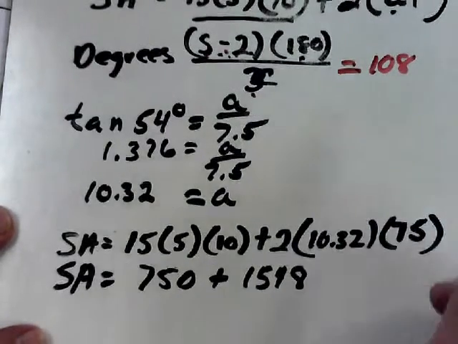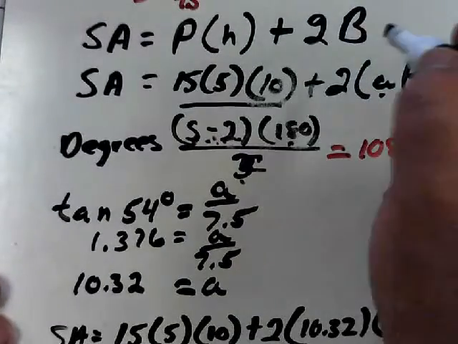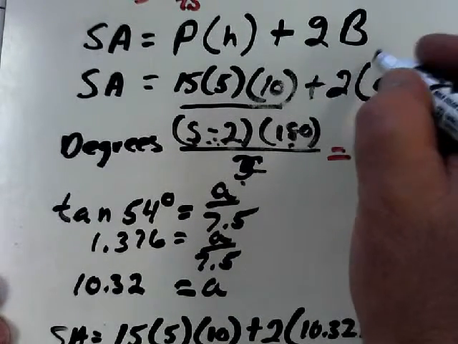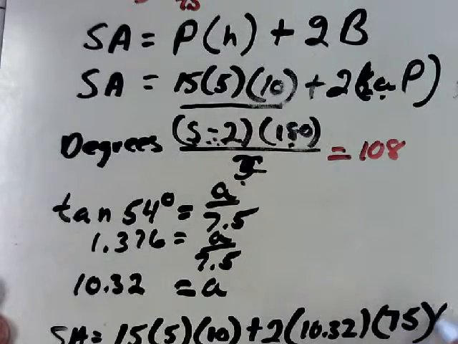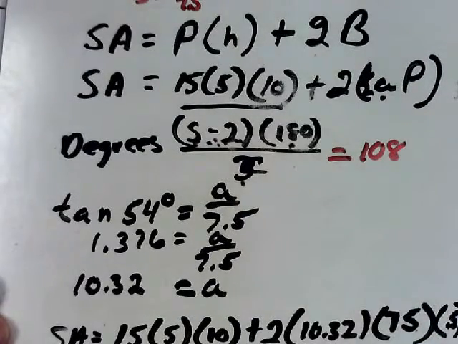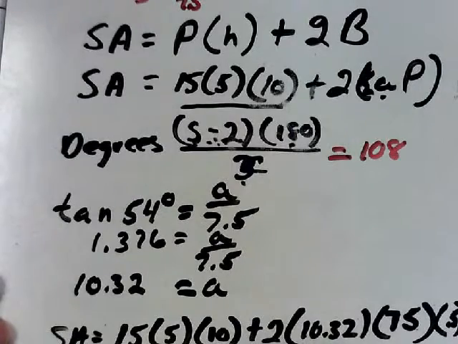But this formula, if you check back, is supposed to have a half in it. So I still need to multiply it times 0.5.